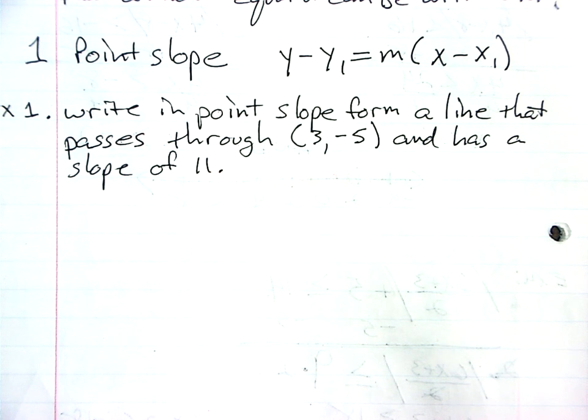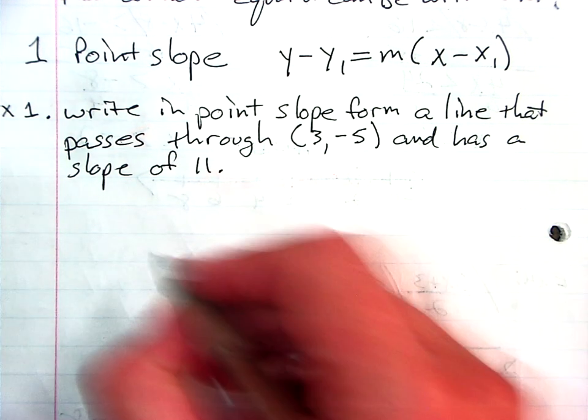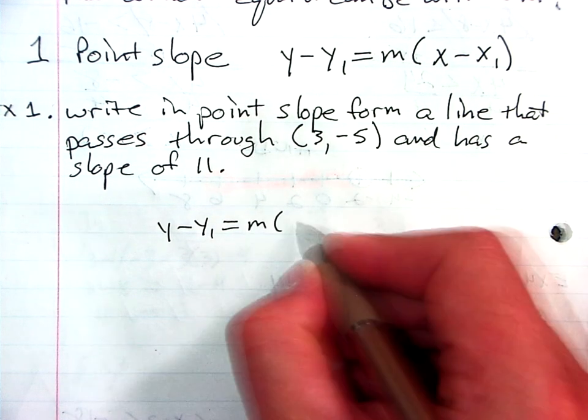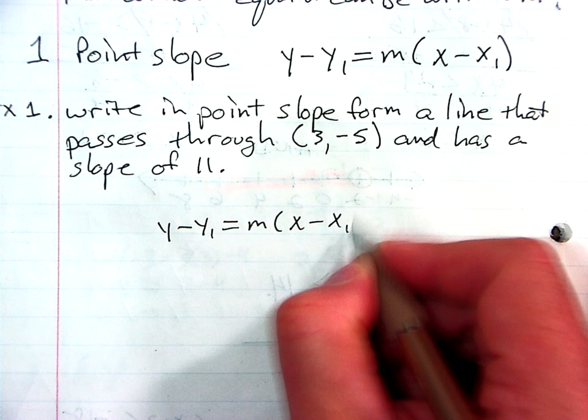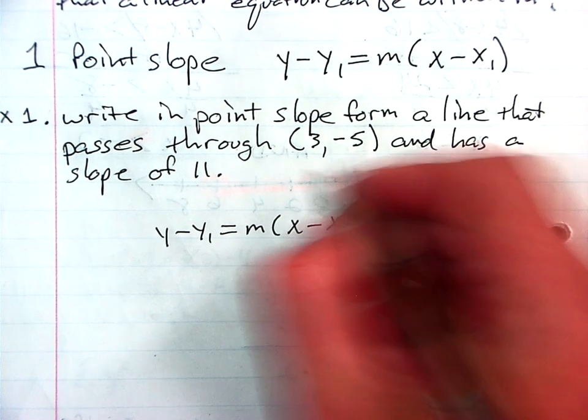First thing I personally would do once you get the problem written is write the formula: y minus y1 equals m(x minus x1). And then I would go up to my points and label them.